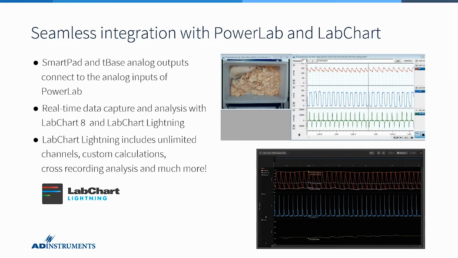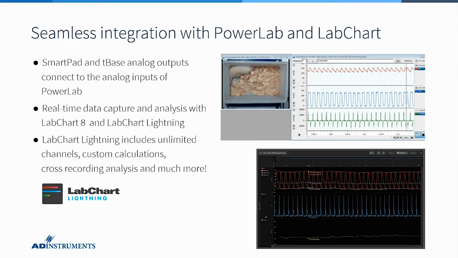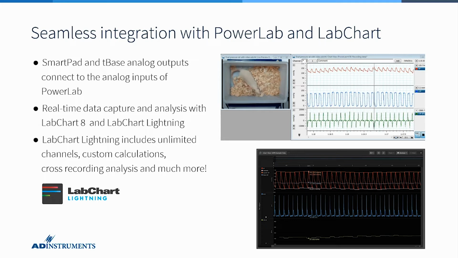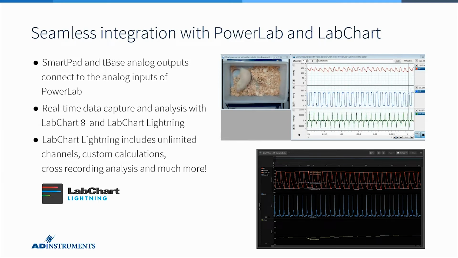So you can see in the video that this rat is implanted with a dual pressure telemeter measuring arterial blood pressure and left ventricular pressure. And that waveform data is being collected in real time. And we've also got an analysis channel going on here, calculating the PDT from the left ventricular pressure waveform.